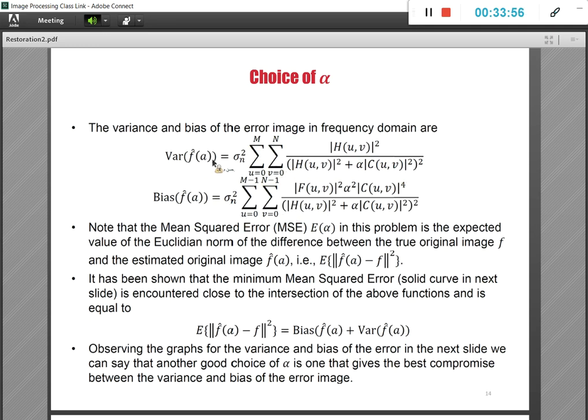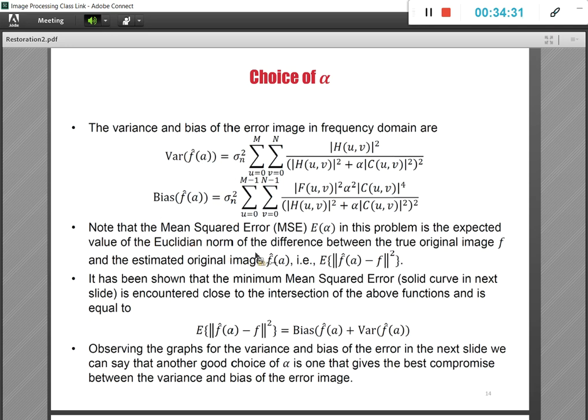This is the variance of F hat. And the mean of F hat, or bias, is again the variance or energy of noise sigma squared over all pixels, n by n, times alpha squared C to the fourth over (H squared plus alpha C squared), all of it squared. This is the variance and mean of F hat.